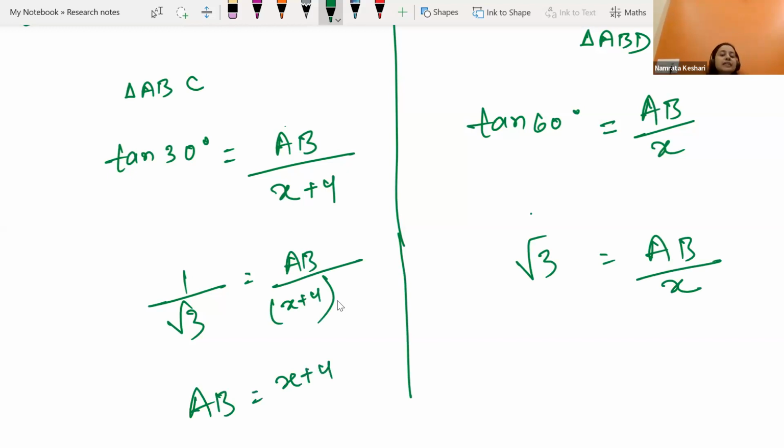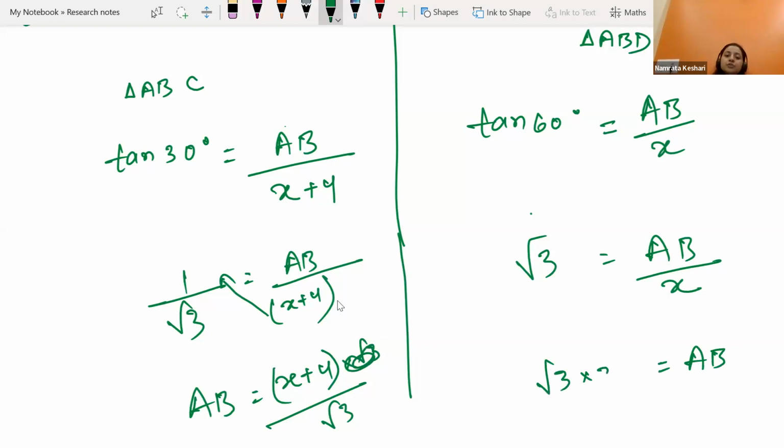If AB is sitting in the numerator, you don't need to disturb that. If it is in the denominator, of course you have to do crisscross. So this into root 3 we are having. Oh, sorry, by root 3. This will go to the numerator part, will get multiplied, and root 3 is already there in the denominator, will remain as it is. And here AB will be root 3 into x. Any confusion so far?